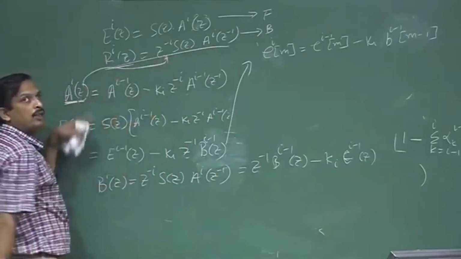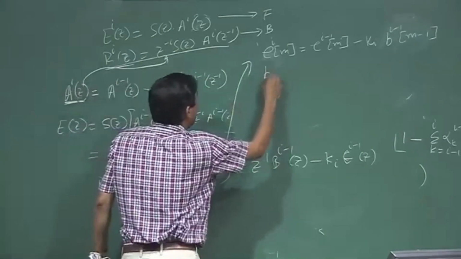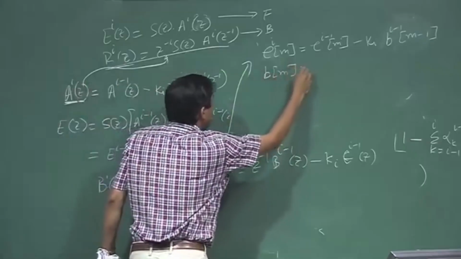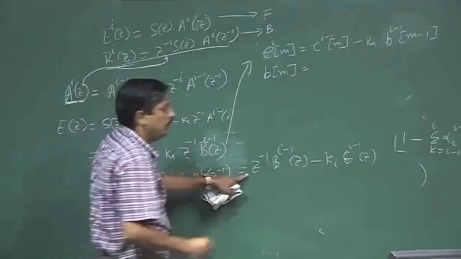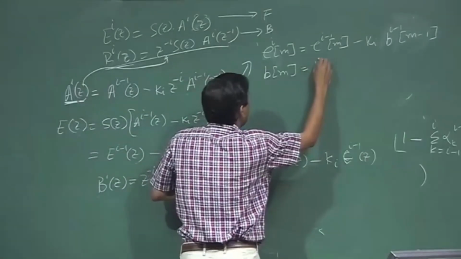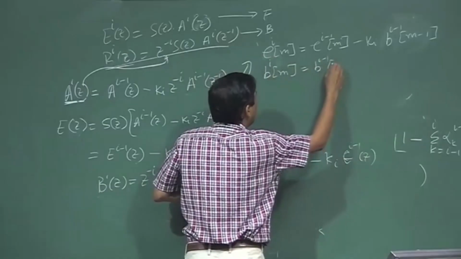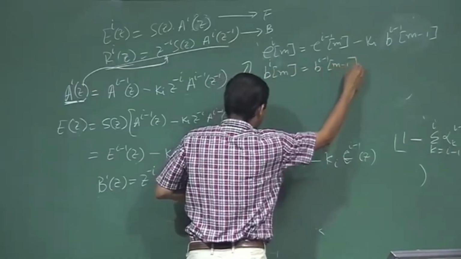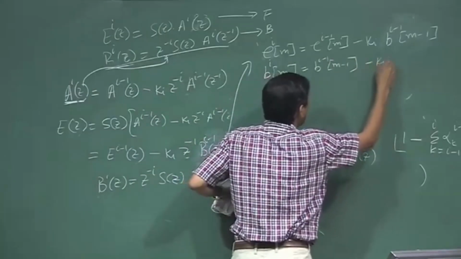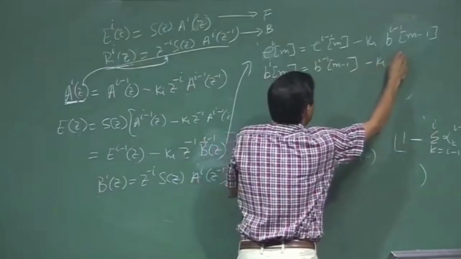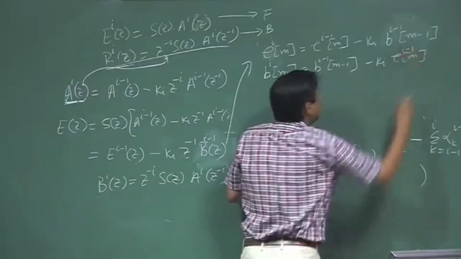From this equation I can get b i of m, the ith order prediction, equal to b i minus 1 of m minus 1, since z to the power minus 1 is there, minus k i into e i minus 1 of m.